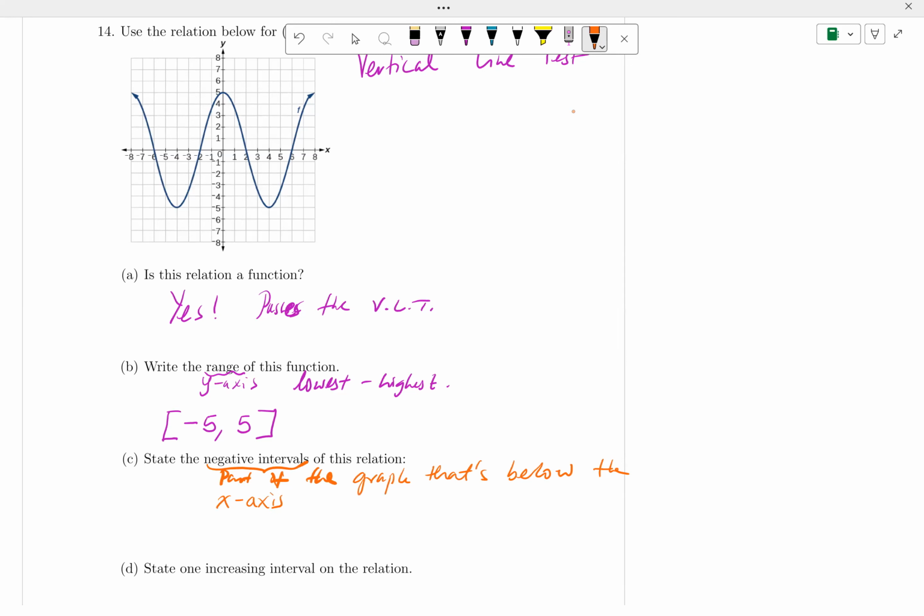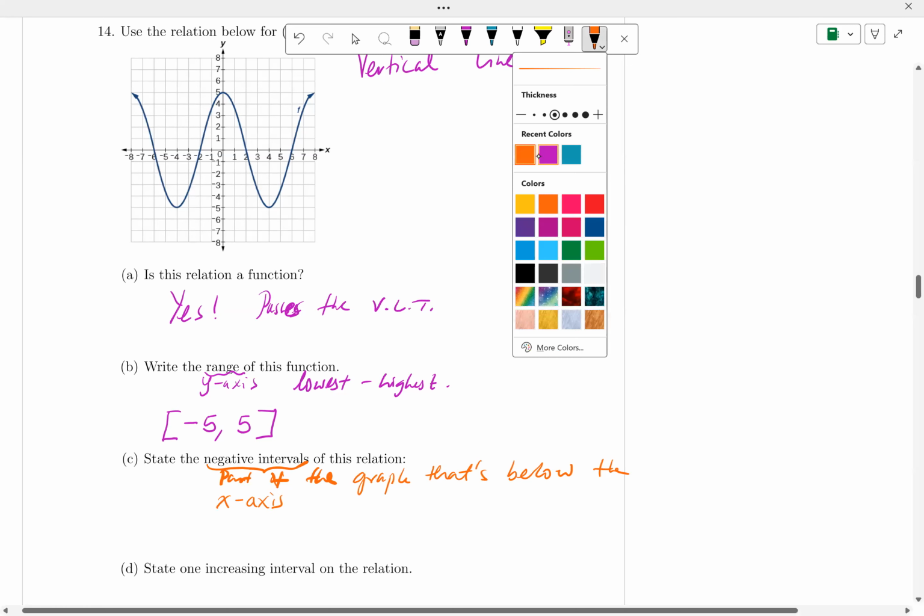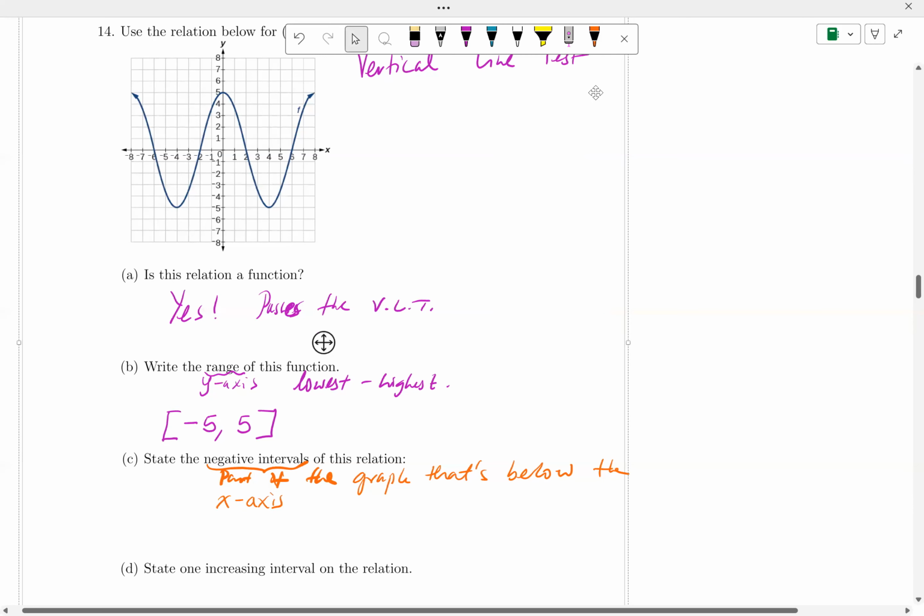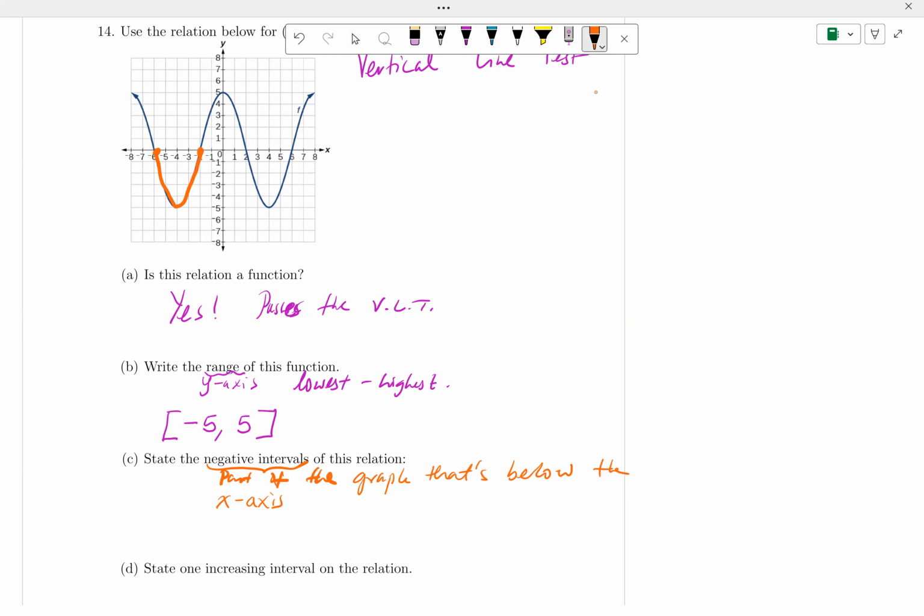I'm going to try to sketch that with this orange pen. I'm going to make it thicker again. So this part of the graph is below the x-axis. Also, this part of the graph is below the x-axis.